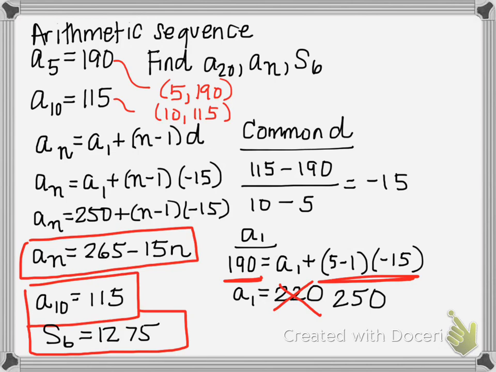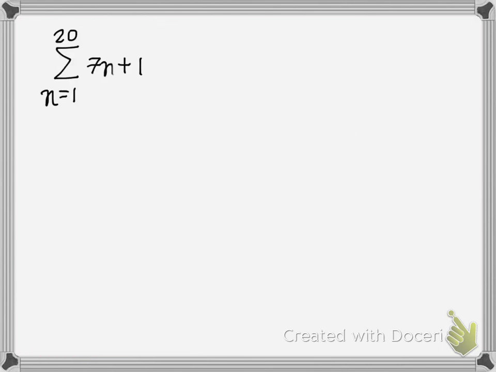Okay? Let's look at one more because I just want to look at sigma notation. And now in this context, we know it's an arithmetic series, but we would want to be able to recognize that this is an arithmetic series with a common difference of 7. I'm going to keep adding 7 to get to the next term. And this is looking for the sum of the first 20 terms.